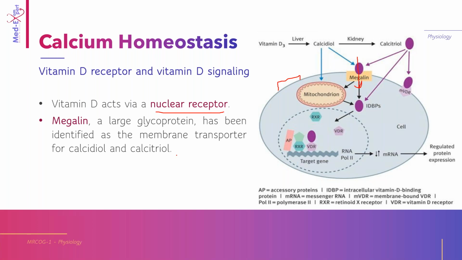This is a large glycoprotein that has been identified as the membrane transporter for the calcidiol and calcitriol inside the cell. Then after they go inside the cell, they bind to their nuclear receptor to activate the genes and regulate the protein expression after that. So that's the vitamin D receptor and vitamin D signaling process.